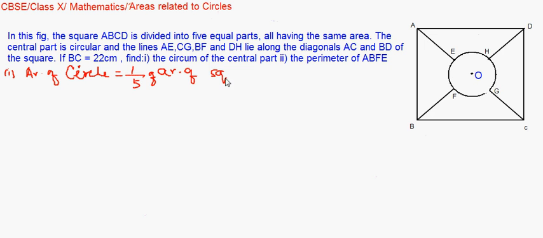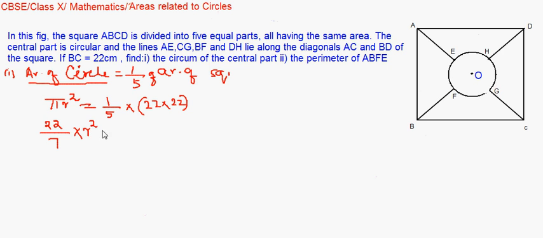Now how do we find the area of a circle? It's pi r square, equal to 1/5 of the area of the square. Each side is given to be 22, so it is 22 into 22, and replacing pi by 22 by 7, I'm getting 22 by 7 into r square equals 1 by 5 into 22 into 22.